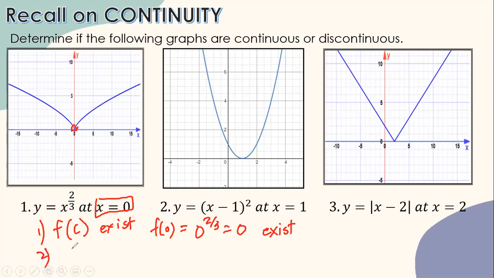The second test is finding the limit of the function as x approaches 0, the limit of x raised to 2/3. We just also have to substitute the value and we also get 0.